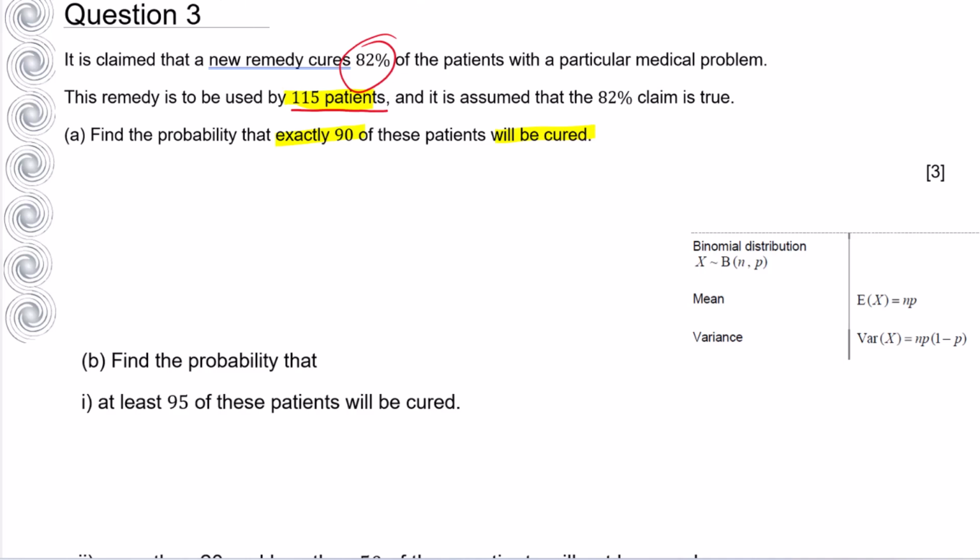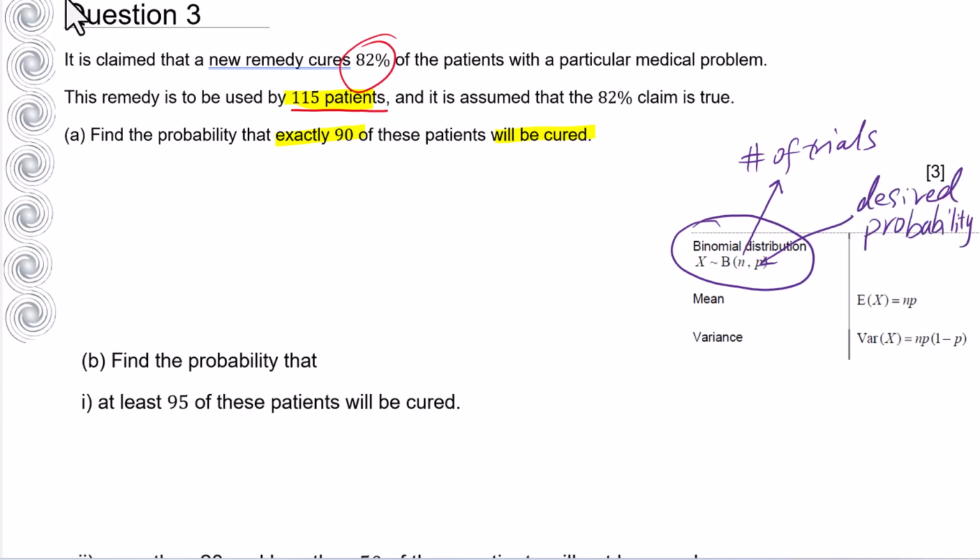We know this is a binomial distribution. Here is the binomial distribution formula. This n is the number of trials. This p means probability of success or desired probability. In this question, n equals 115.